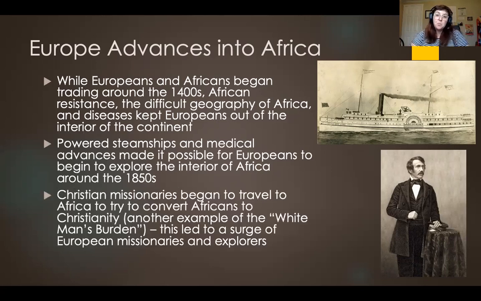And so at this point, there begins this big surge of especially Christian European missionaries and explorers that begin to travel to Africa to try and convert Africans to Christianity, which was another part of what was called the white man's burden, which we talked about last week. Right? And this really led to a surge of European missionaries and explorers who were the first wave of European domination in Africa.